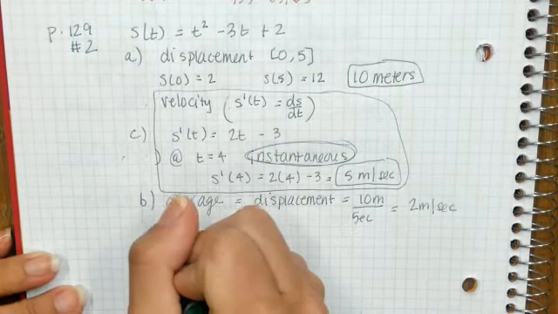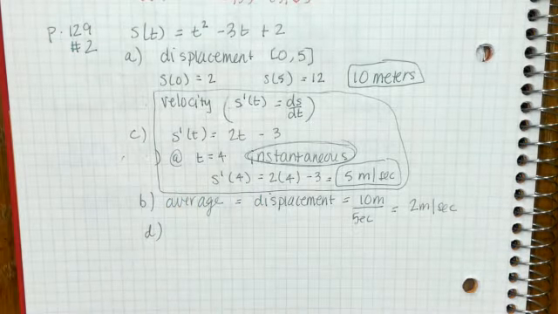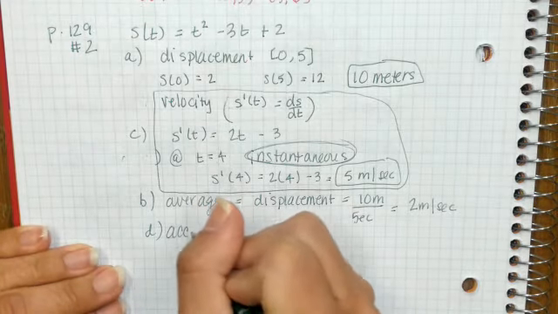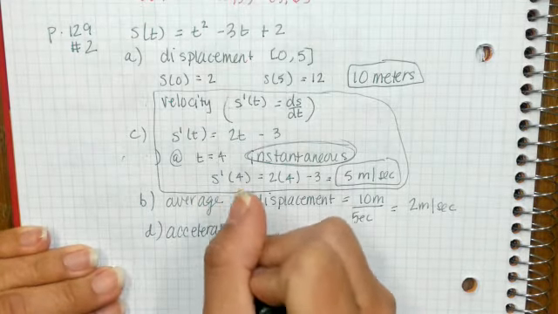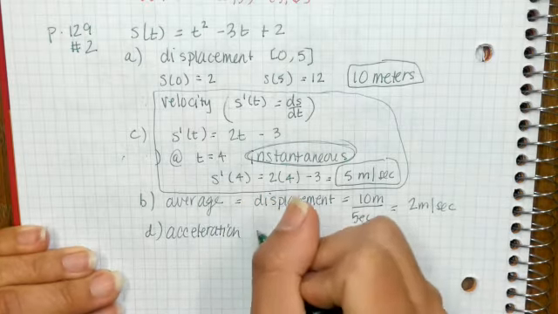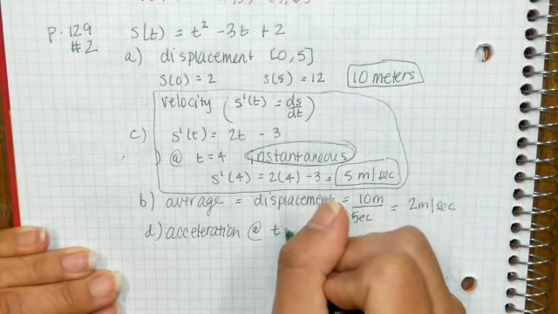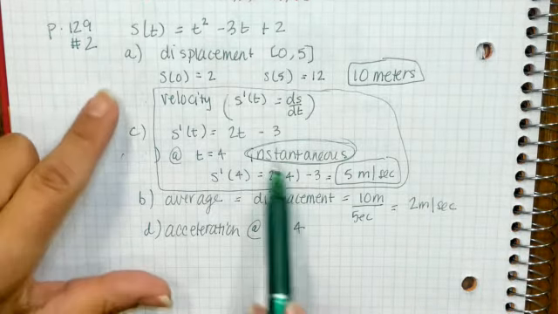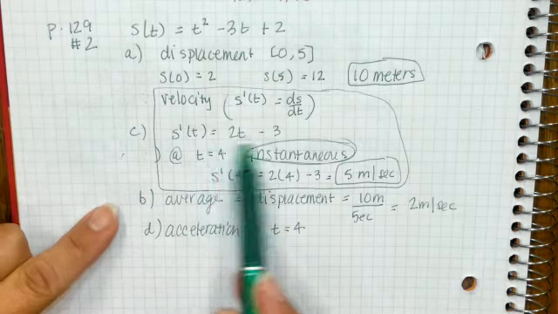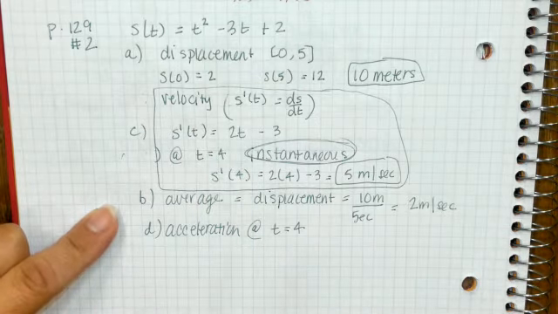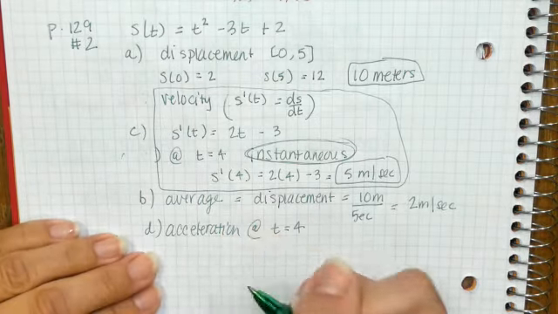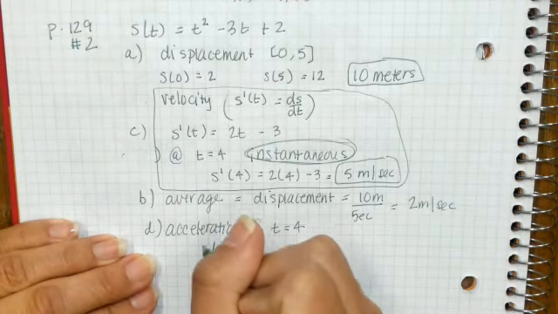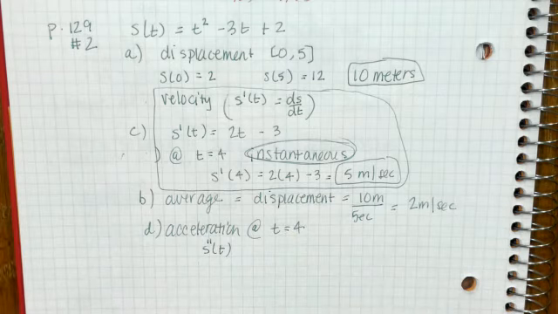Part D, find acceleration. Okay, so that's going to be the derivative of the velocity. This is a little bit interesting. So if the equation for velocity is 2t minus 3, double prime.